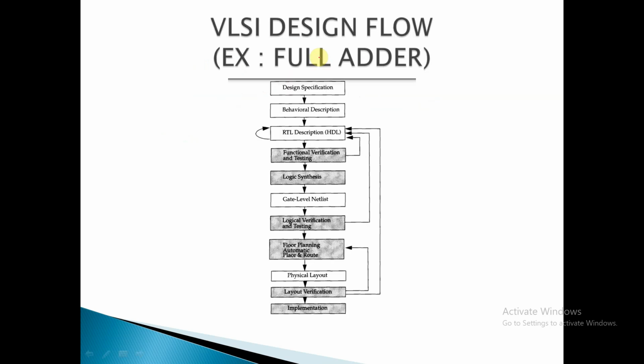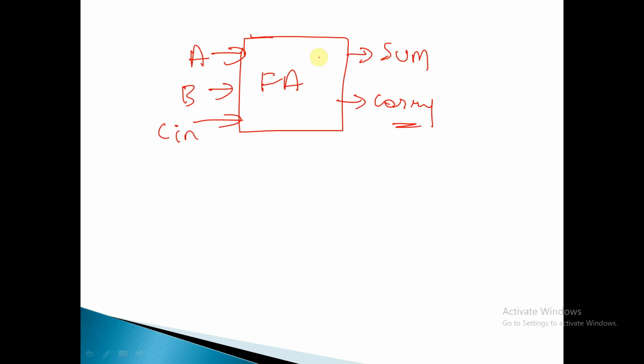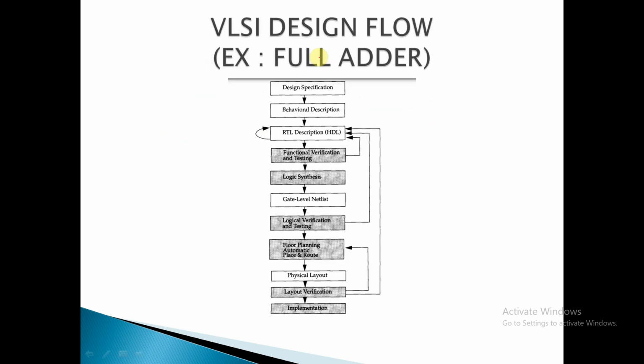Coming to the next step, which is behavioral description. That is, we are going to describe the behavior of a particular design. So what is the behavior of this full adder? Can anyone tell me? Perform the addition. That is what we specify in the next step, behavioral description.